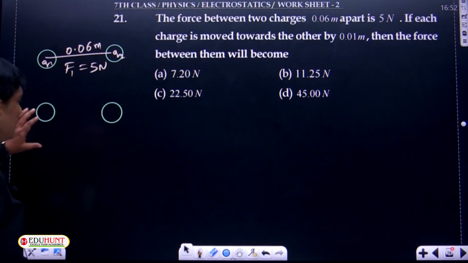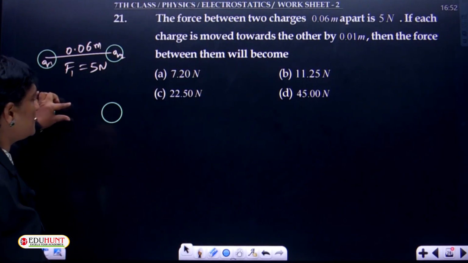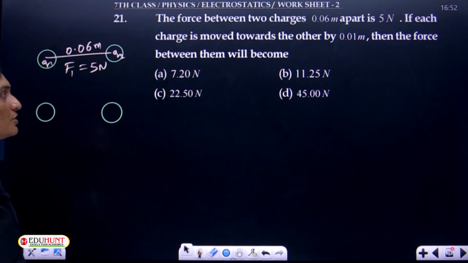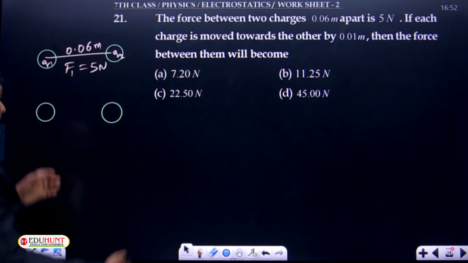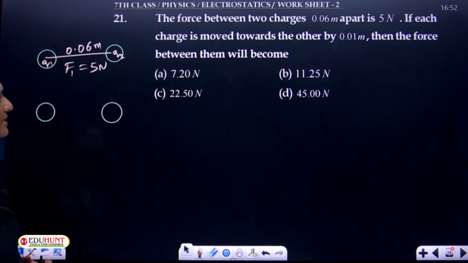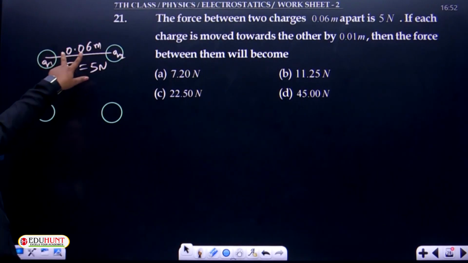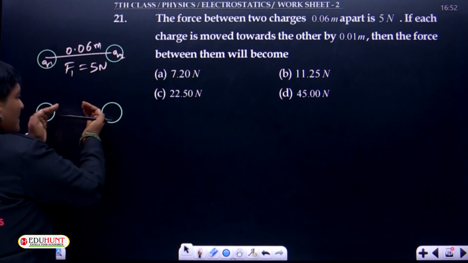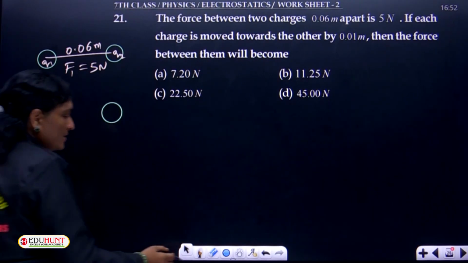So this charge is moved a distance of 0.01 meters, and this charge is also moved a distance of 0.01 meters. When they are moved together towards each other, this reduces the distance by 0.01 and this also reduces it by 0.01.